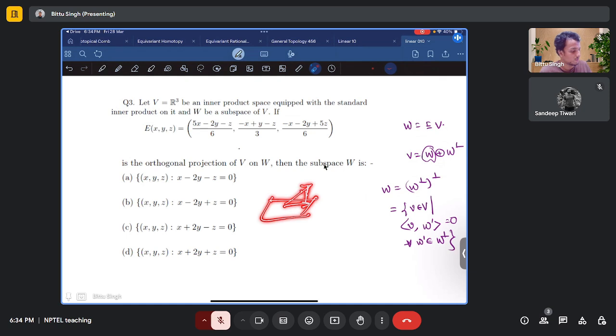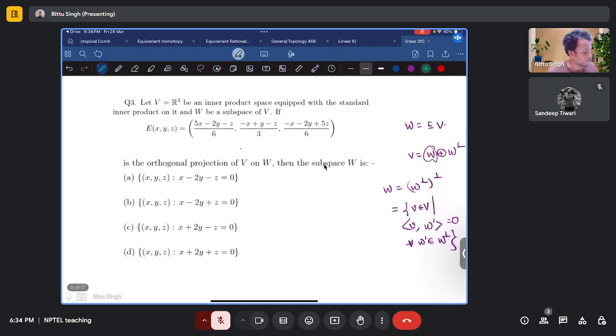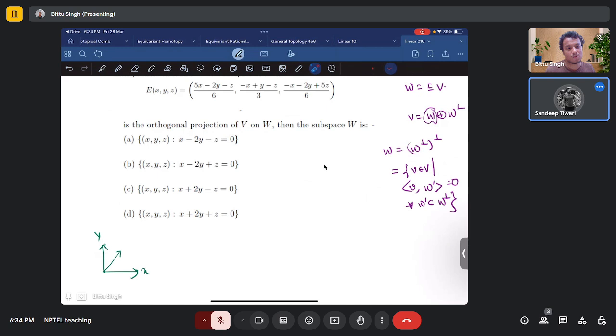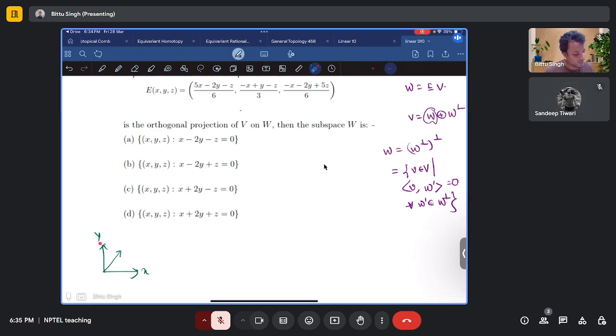Let me write a two-dimensional scenario. So this is the x-axis and this is the y-axis. So projection on the x-axis means anything in the direction of the y-axis will go to 0.